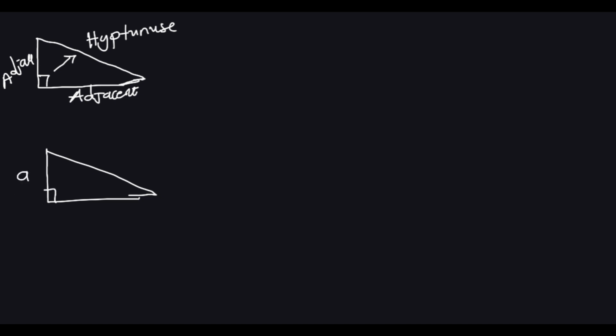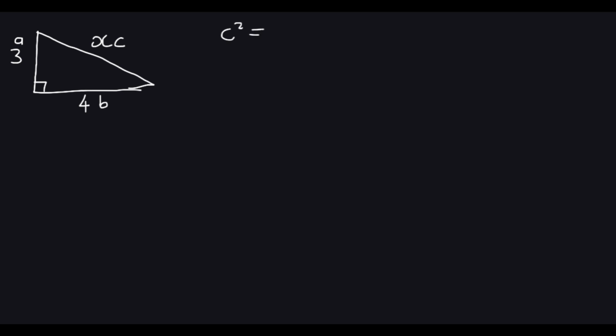So we have this distance A and this distance B, then we also have this C. So the formula is C squared is equal to A squared plus B squared. So the point is, if we are solving for the value of C, we just have to square A plus the square of B, then the square root of the sum of the squares of A and B is the value of C.